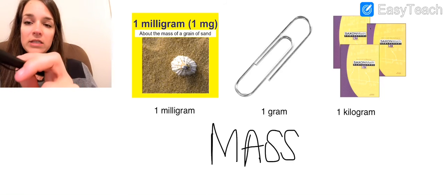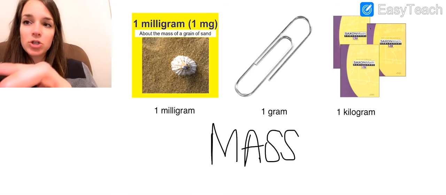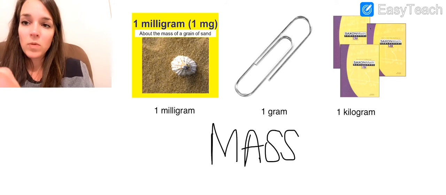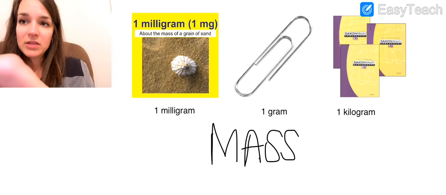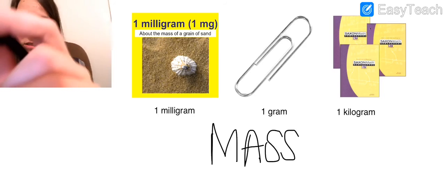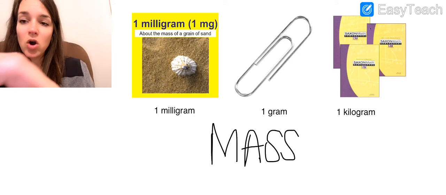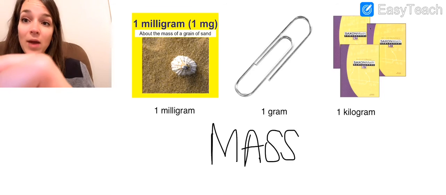And so we see that we can measure mass by grams. A milligram is teeny tiny, literally about the size of a grain of sand. Remember your prefixes here, 1,000 milligrams make up 1 gram.